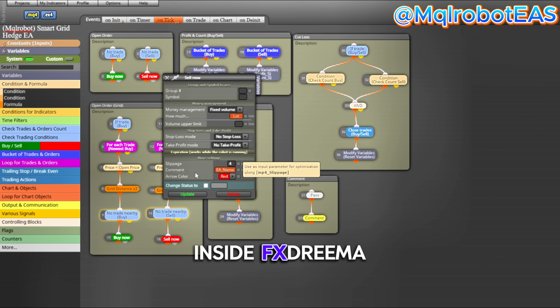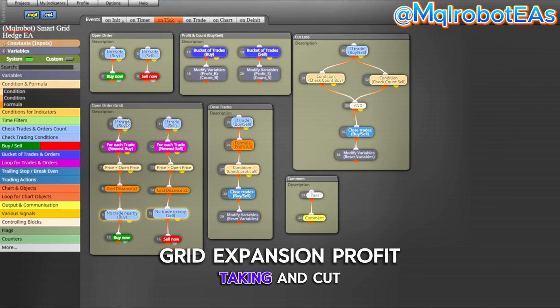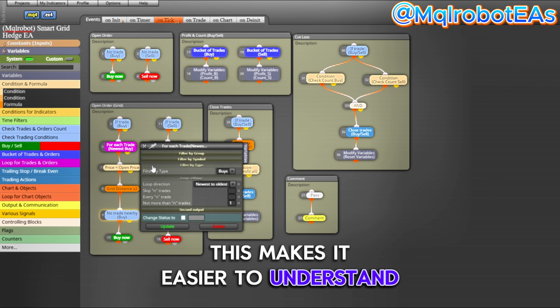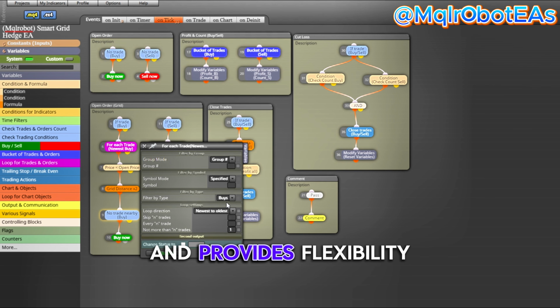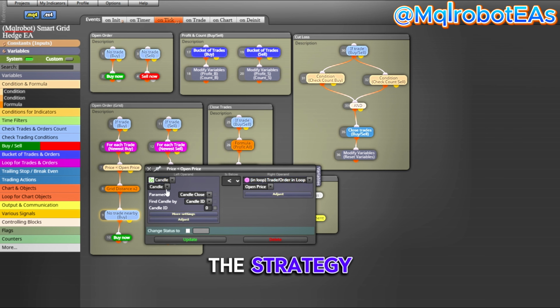Inside FXdreema, the workflow is created visually with blocks that manage trade entry, grid expansion, profit taking, and cut-loss logic. This makes it easier to understand how the system works and provides flexibility for traders who want to adjust or optimize the strategy.